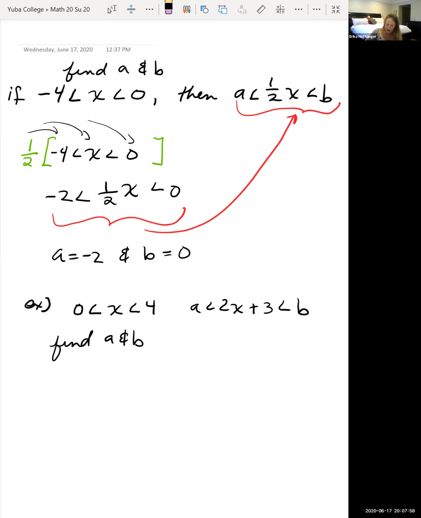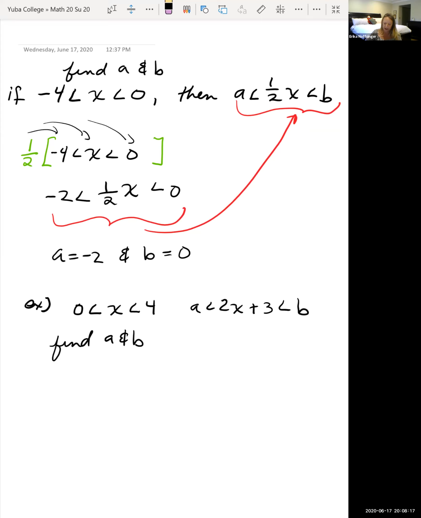So same kind of idea. We want to manipulate what is inside, this x in between the 0 and 4, to look like this 2x plus 3. And so we have to think to ourselves what we can do to manipulate that to look like that.